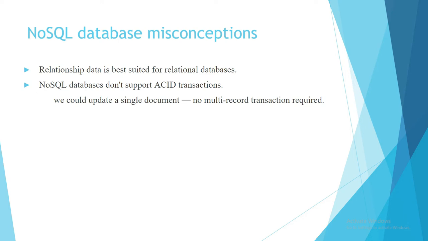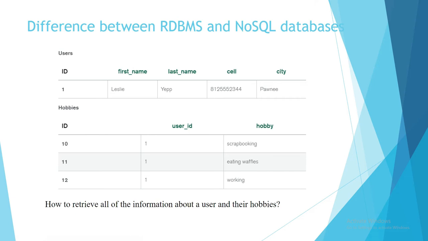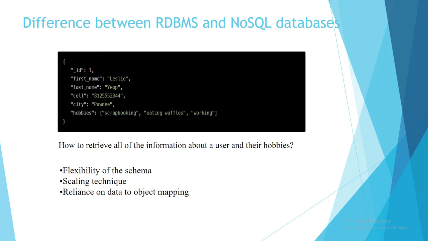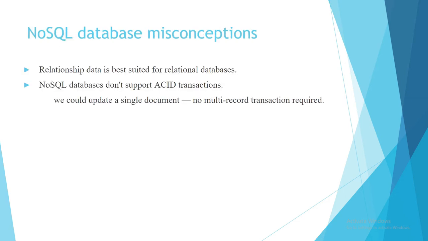But actually, here there is a table called users and a table called hobbies. It's a relational table. Have I easily converted that into a document or not? Yes. With that statement, I can say that this is a misconception. It is not only specifically meant for relational databases, we can represent the relationship data in NoSQL also.